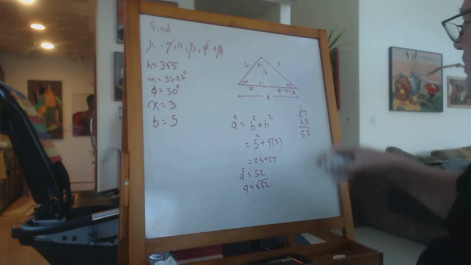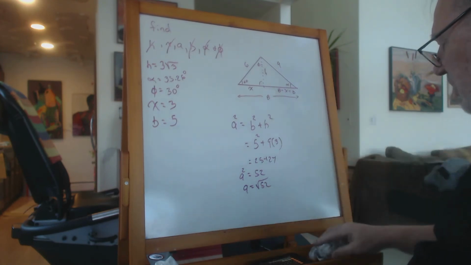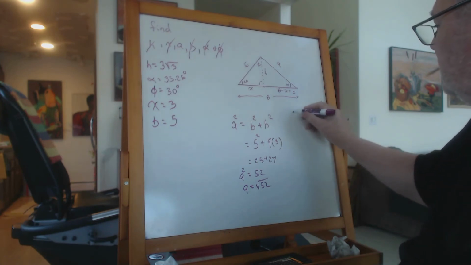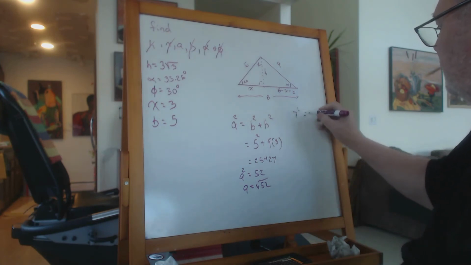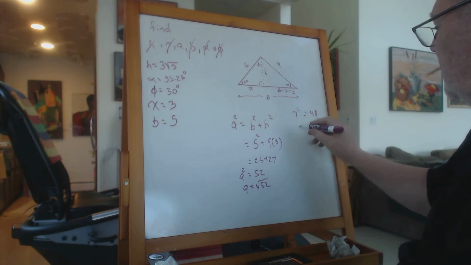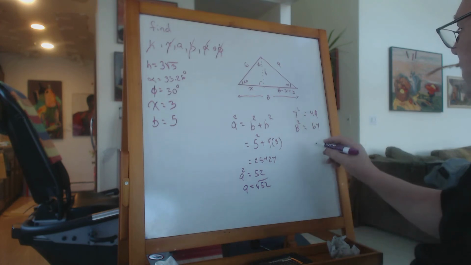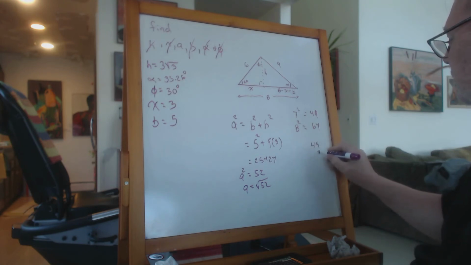So what is close to 52 that we know? Well, 7 times 7 is 49. 7 squared is 49. 8 squared is 64. So it's between 7 and 8. And how far? Let's see. 52 is 49 plus 3.